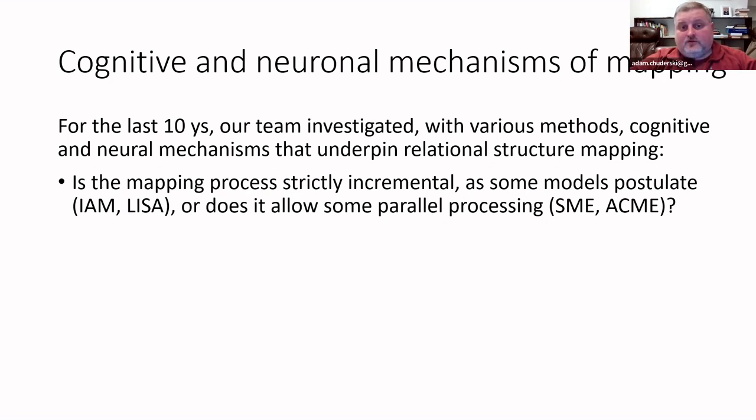Especially there are 2 alternatives. We can think about the mapping process as strictly incremental. So the mind may start with a very small number of elements, building a very tiny initial relational structure, and then proceed by adding consecutive elements to this representation of a structure governing the analogy.